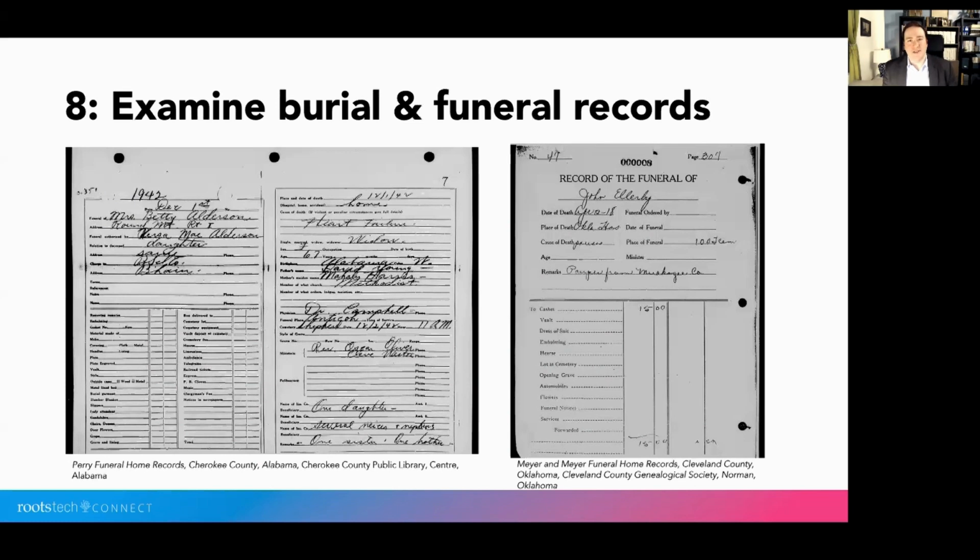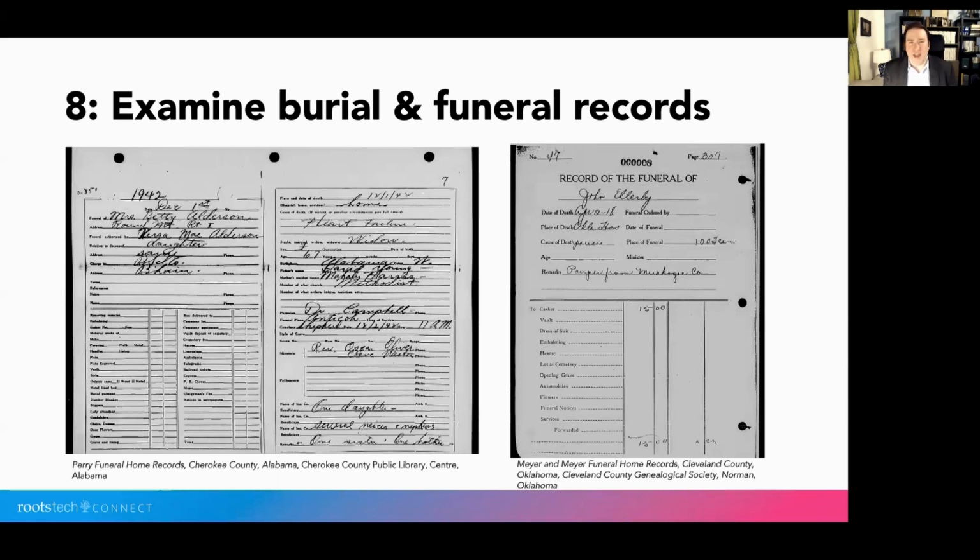Other record substitutes and things that can help you document birth and marriage and death dates are burial and funeral records. Again, these don't exist for every place, for every time period, but they can be important components. The record of someone's funeral can include details about their date of death, the date of the funeral, and other resources that were gathered at the time that they passed away.